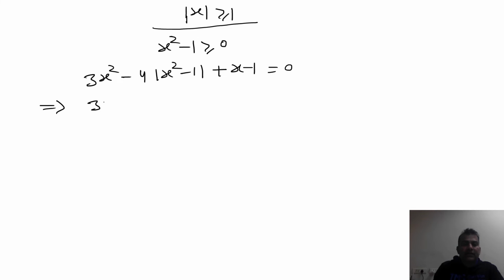This implies 3x square minus 4, because x square minus 1 is positive, then mod of x square minus 1 is just x square minus 1, plus x minus 1 equals 0.